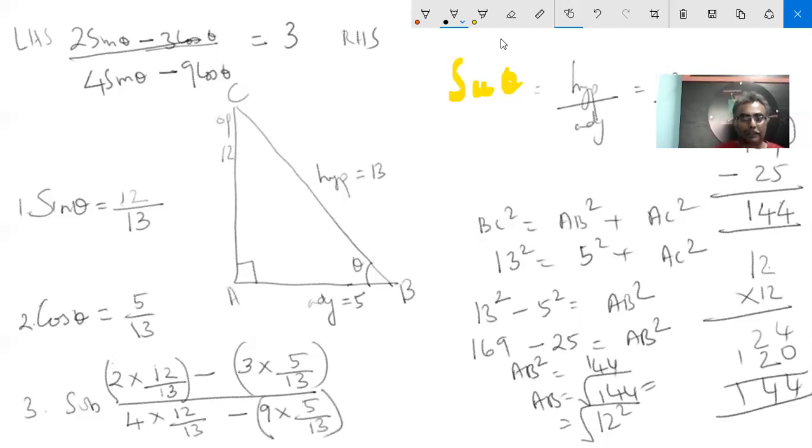Very good. Okay. So 2 into 12, 24. 24 by 13 minus 3 into 5, 15. 15 by 13. That is on the top. Bottom, 4 into 12 is 48. 48 by 13. 9 into 5, 45. 45 by 13. Okay. Now we'll cancel this all out.